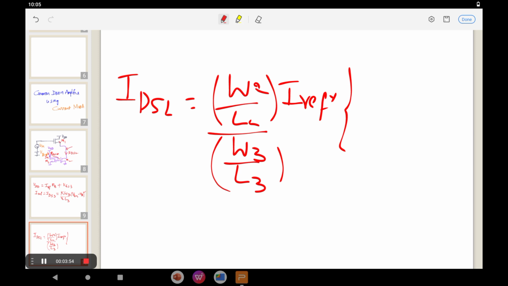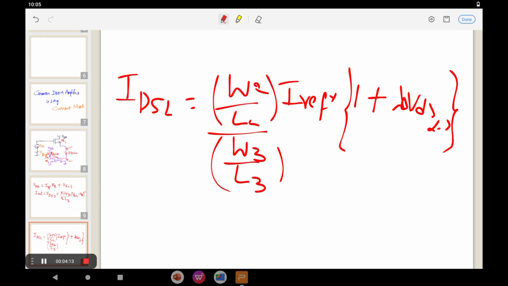Apart from this, there is another part, generally called the non-ideal part, which is 1 plus lambda into delta VDS.